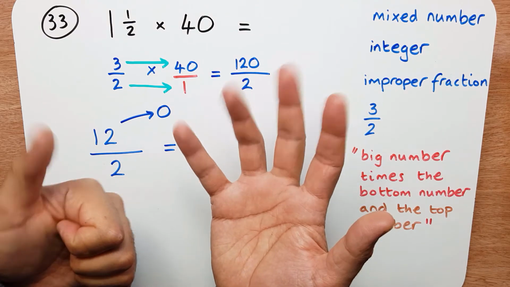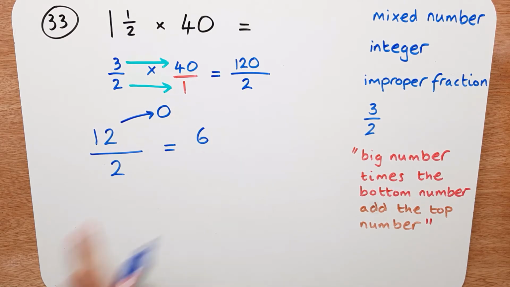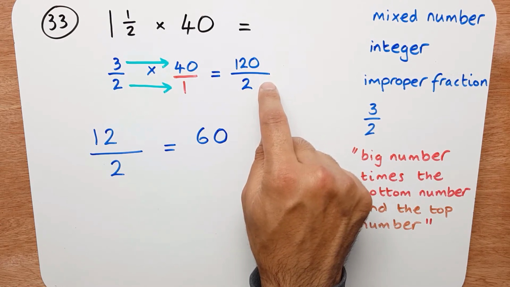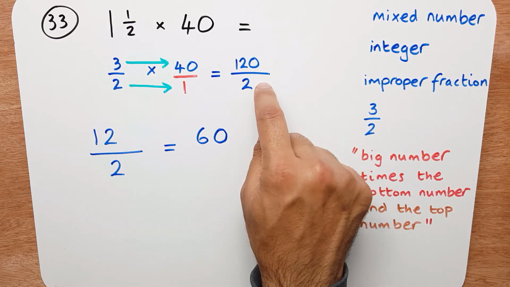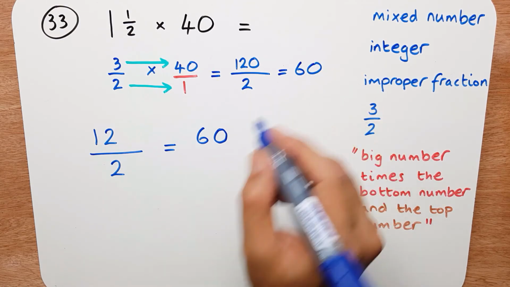So there's 6. Now I simply bring this 0 back here. So my answer, 120 divided by 2, or 120 halves, is the same as 60.